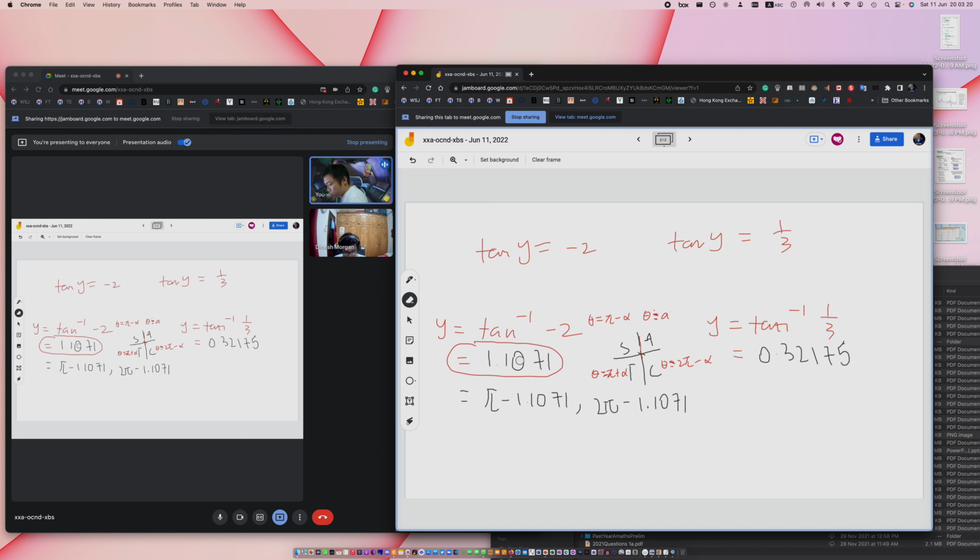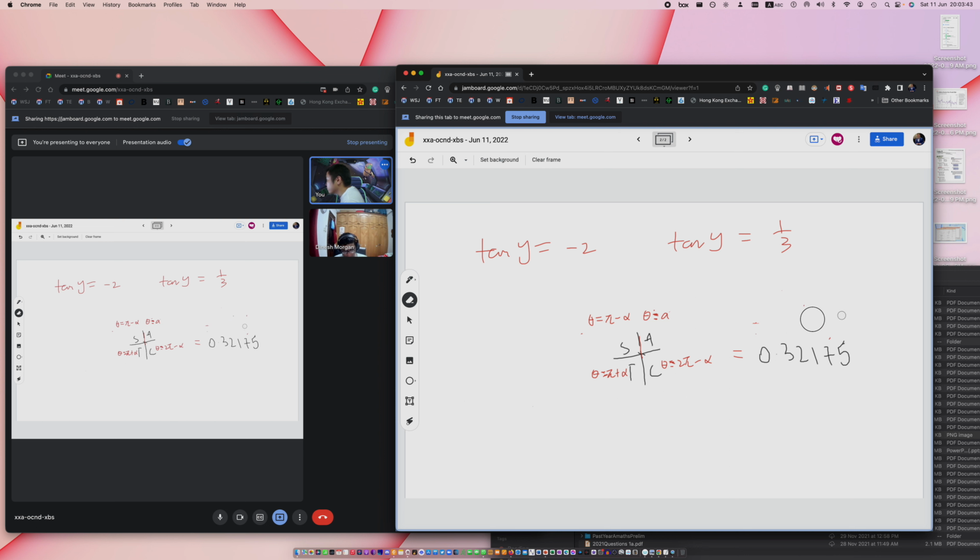Let me take a screenshot because later I get to use this page. I'm going to erase this one.